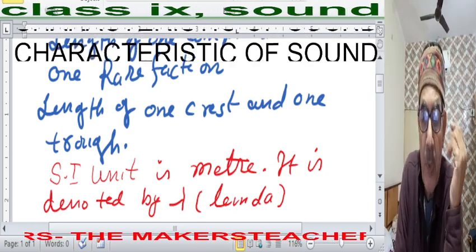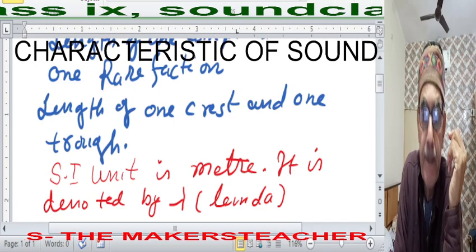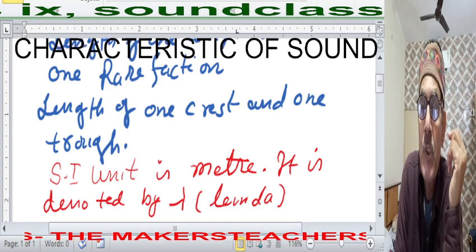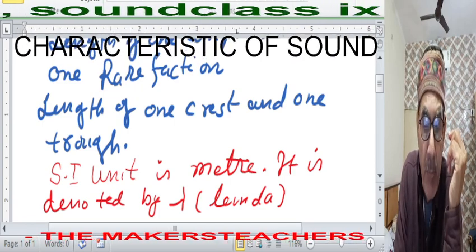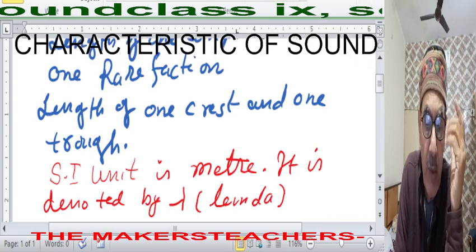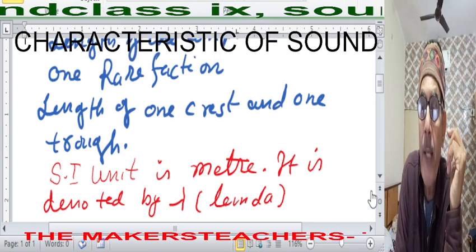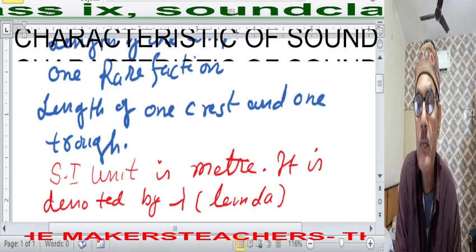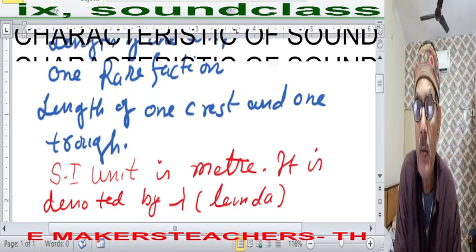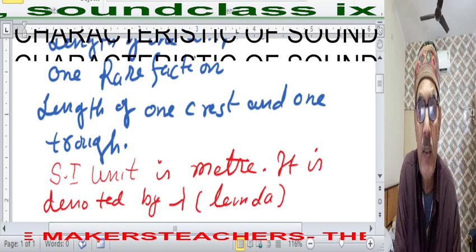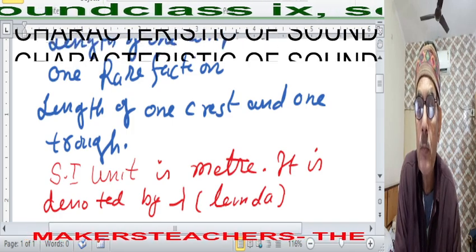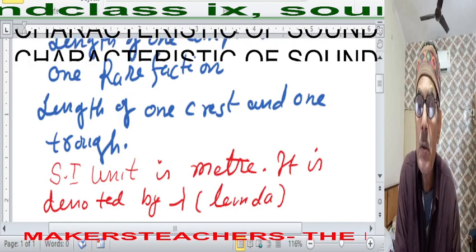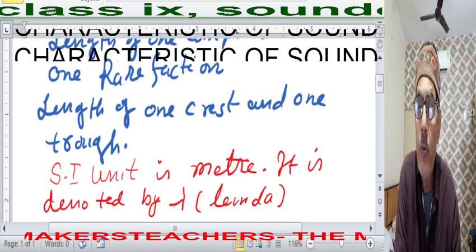What is the meaning of the frequency? एक सेकेंड में कितनी वेव प्रोड्यूस हो रही हैं वो फ्रीक्वेंसी कहलाएगा. Number of waves produced in 1 second is the frequency.